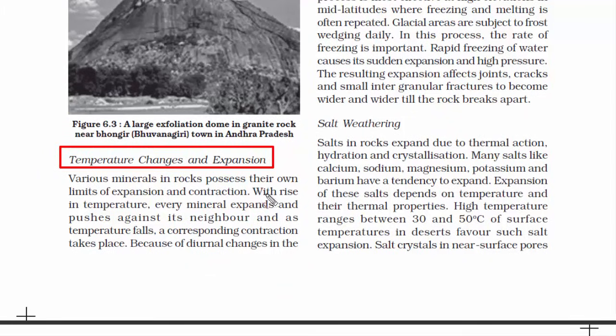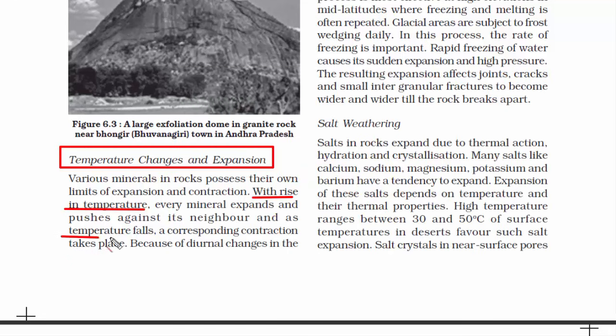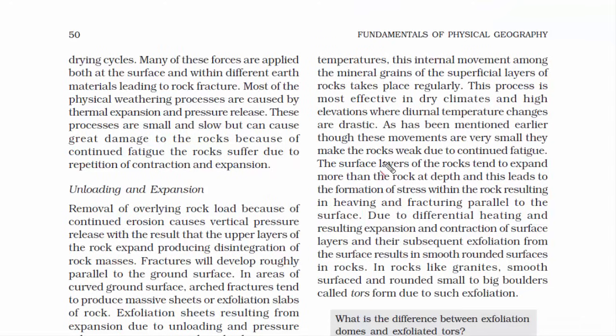The second one is temperature changes and expansion. When we say temperature changes, we mean heating and cooling. Now with rise in temperature, that is when a rock is exposed to sunlight, the temperature of the rock will increase and the rock itself will expand a little. Because every mineral in a rock expands and pushes against its neighbor, and as the temperature falls, that is after the sun sets, the rock cools down and contracts back to its original size.